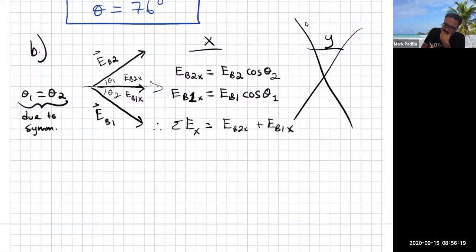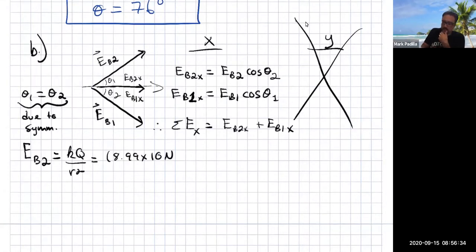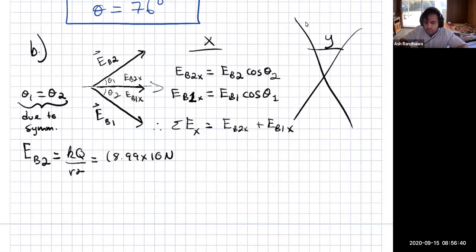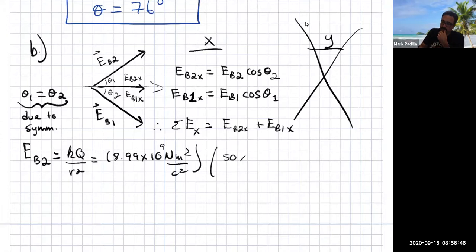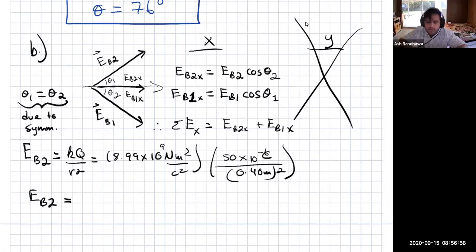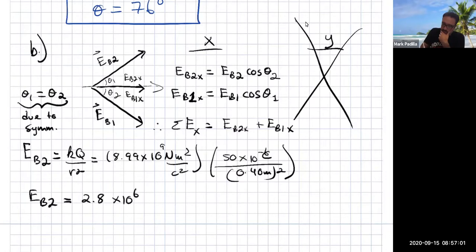Now we need the magnitude. EB2 is equal to, what would that be? KQ over R squared, 8.99 times 10 to the 9 newton meters squared over coulombs squared times 50 times 10 to the -6 coulombs over 0.40 meters squared. 2.8 times 10 to the 6 newton per coulomb.